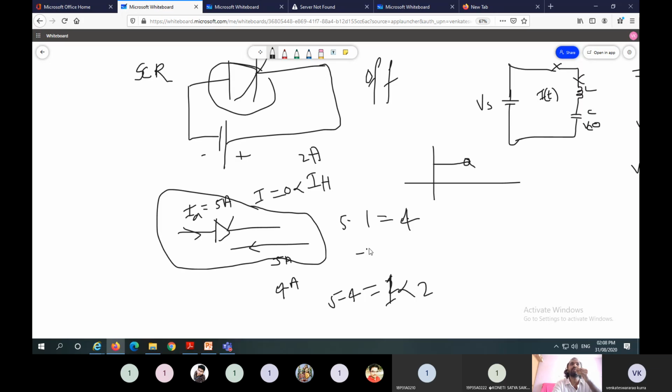After a certain time, if you supply reverse current of 5, the resultant current decreases like this. Again, if you increase to 3, 5 minus 3, the net current reduces like this. And with increasing reverse current, the anode current becomes 0 like this, and we can turn off SCRs.